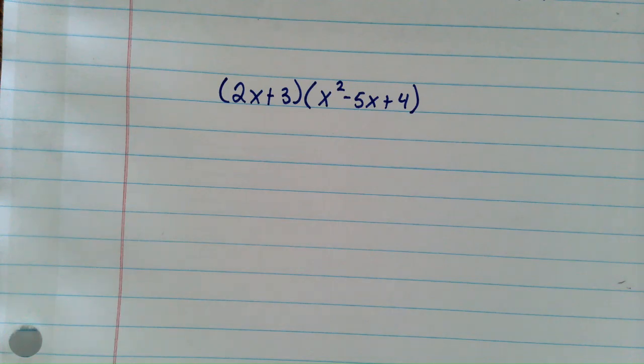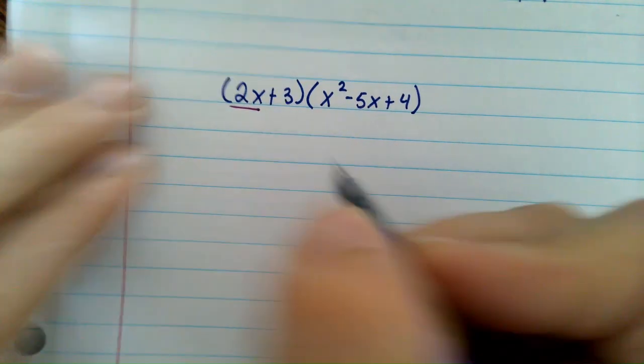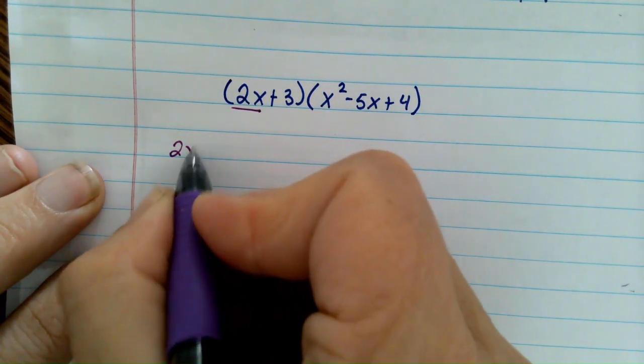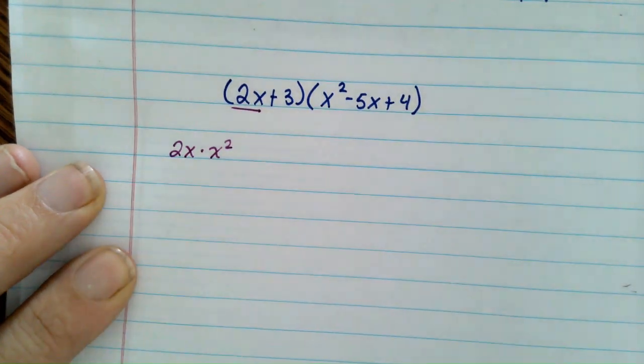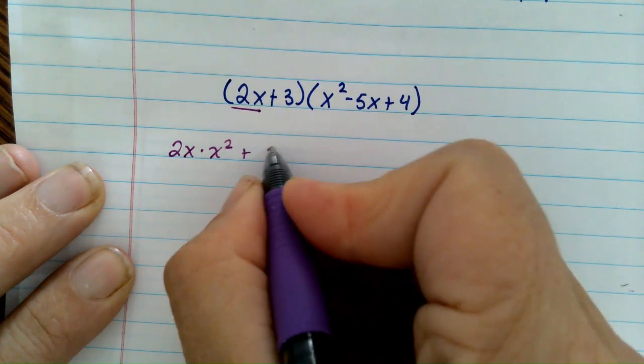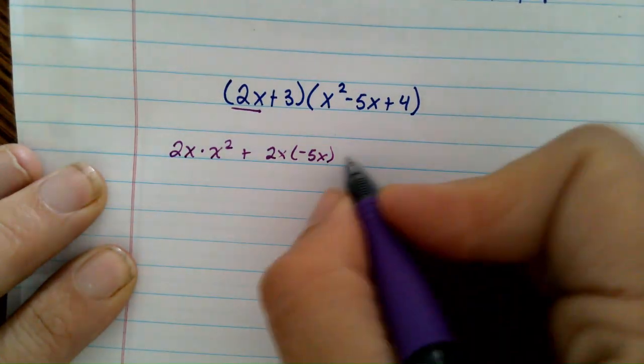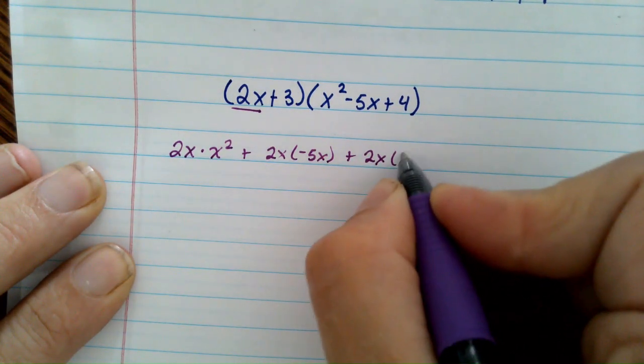Most students in Algebra 1 and then again in Algebra 2 learn about the FOIL acronym, which just helps students keep in mind what they're doing. Really what the FOIL acronym does is it has you distribute your first term. So we would have 2x being multiplied by x squared plus 2x being multiplied by negative 5x plus 2x being multiplied by 4.